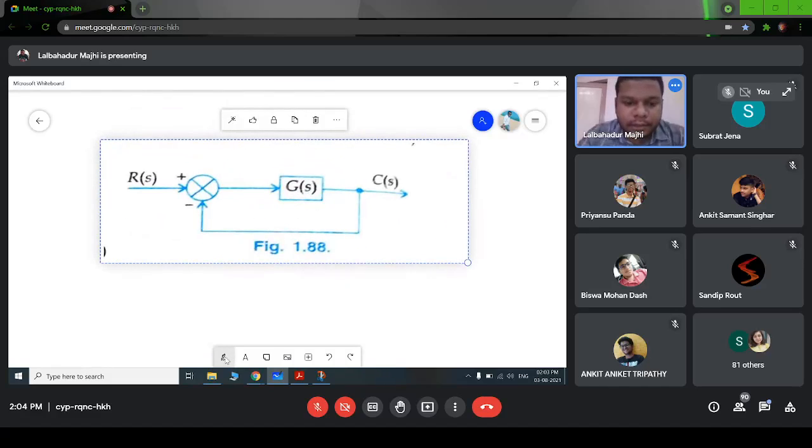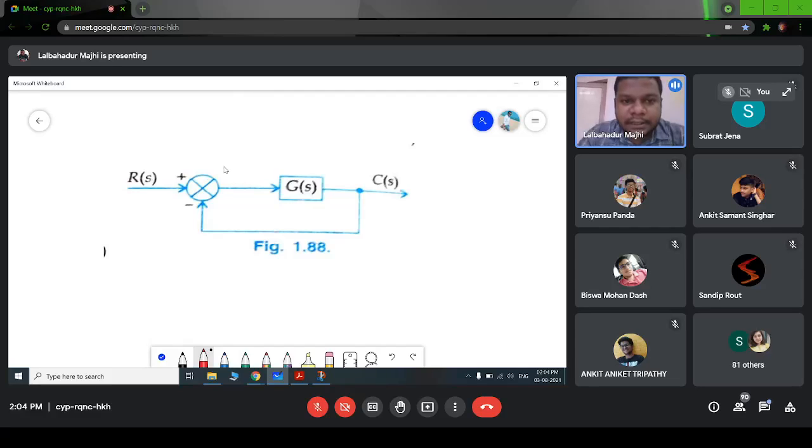Right, okay. So we know this is our error signal E(s), and now the output is C(s). So now this is a takeoff point. We know this is a takeoff point. So what is the output of the takeoff point? The output of the takeoff point will be the signal at the point where it is being taken. So this is C(s), and the C(s) signal is flowing in this H(s).